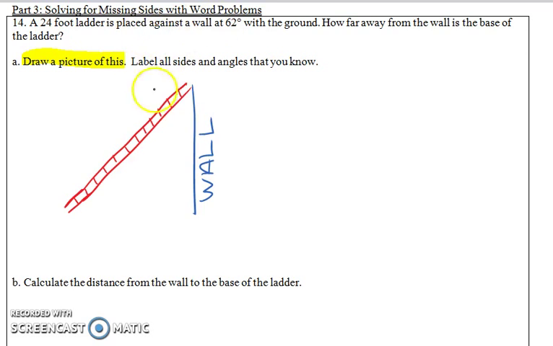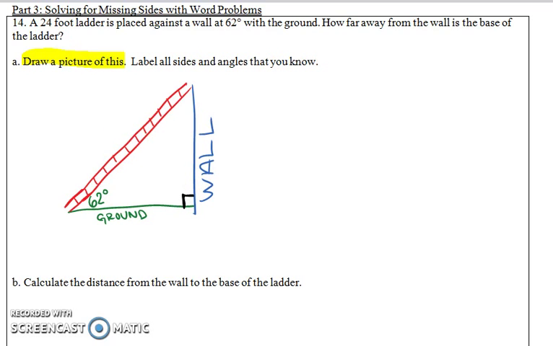Okay, and it says that the ladder is placed along the wall such that it forms a 62-degree angle with the ground. Now imagine the ground, here's the ground. The ground and the wall are going to meet perpendicularly at a 90-degree angle.